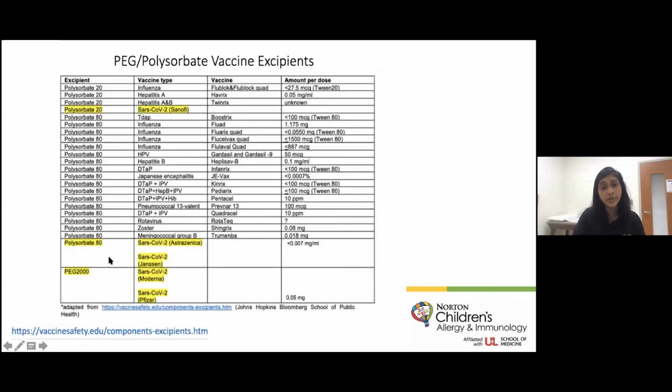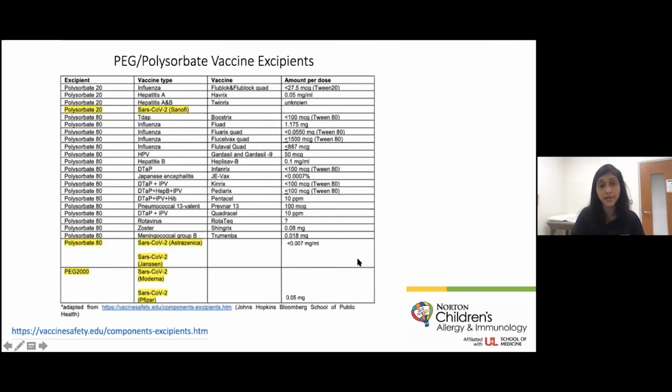I did want to show you this chart because as pediatricians, you probably have already given vaccines to patients with PEG in it. So polysorbates are actually a monomer of PEG. And as you can see, polysorbates are in a whole variety of childhood vaccines.